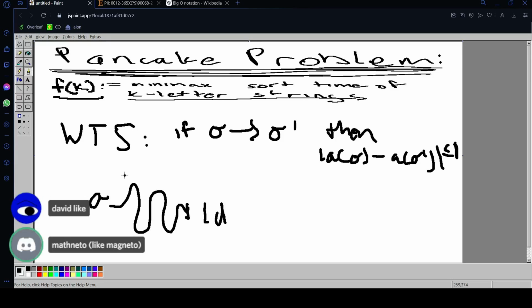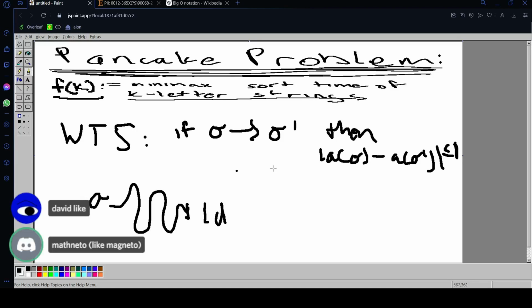No, what I'm just saying is here's a lower bound. If we start with the permutation and we apply a reversal, then the adjacencies will change by at most 1.